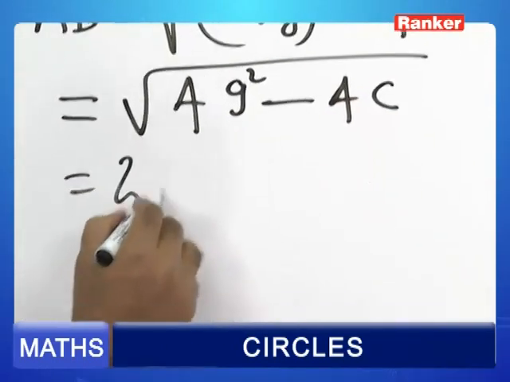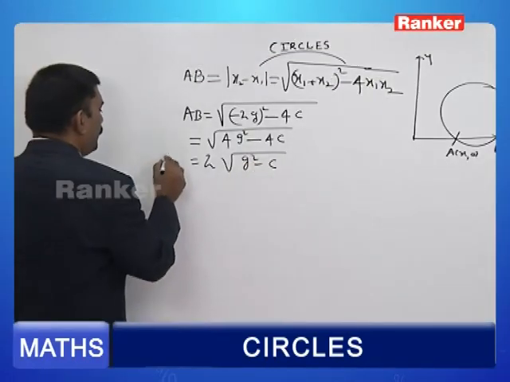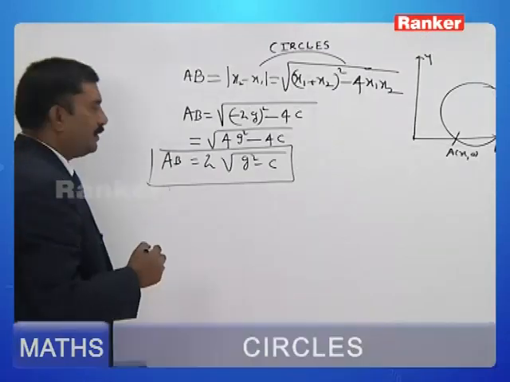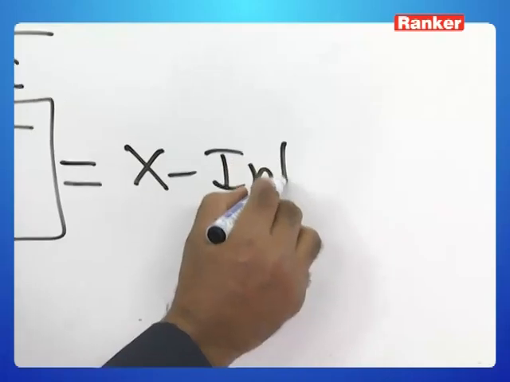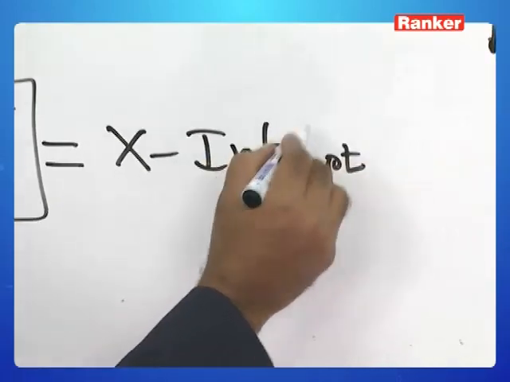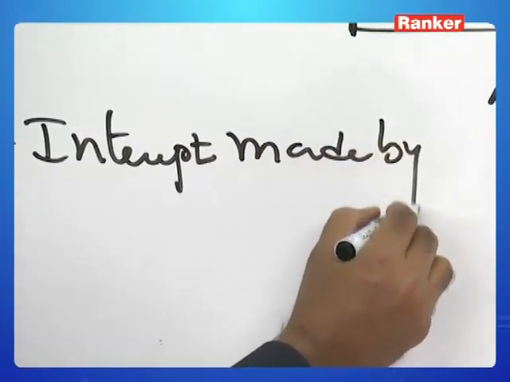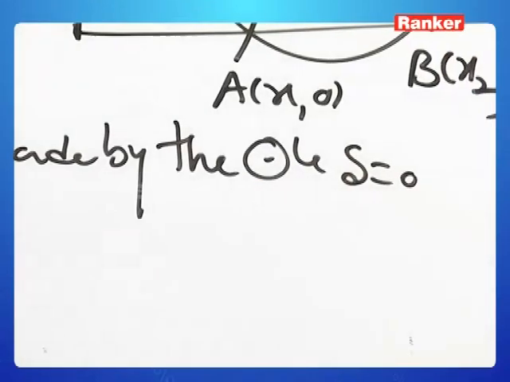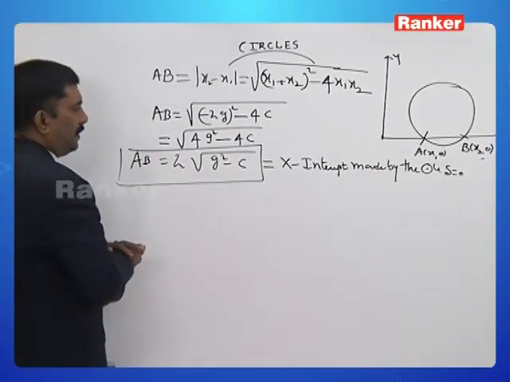So AB is equal to 2 into the square root of g square minus c. This is nothing but the x-intercept made by the circle S = 0, or the length of the chord.